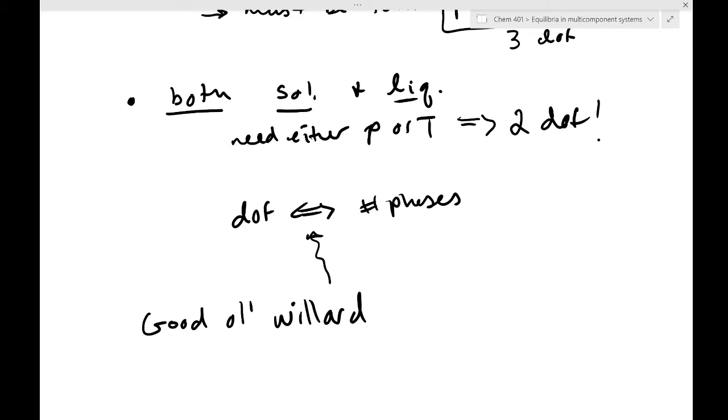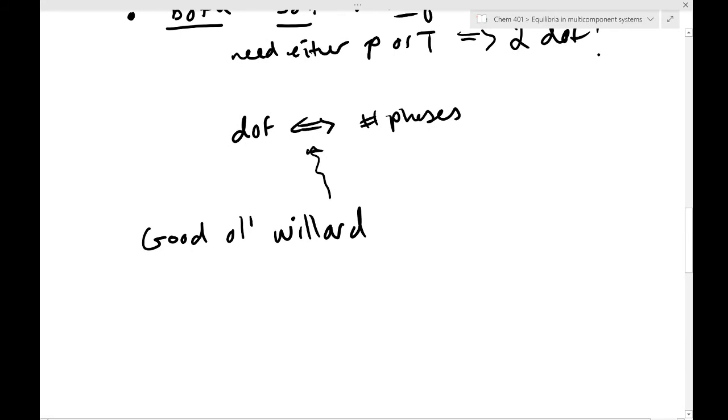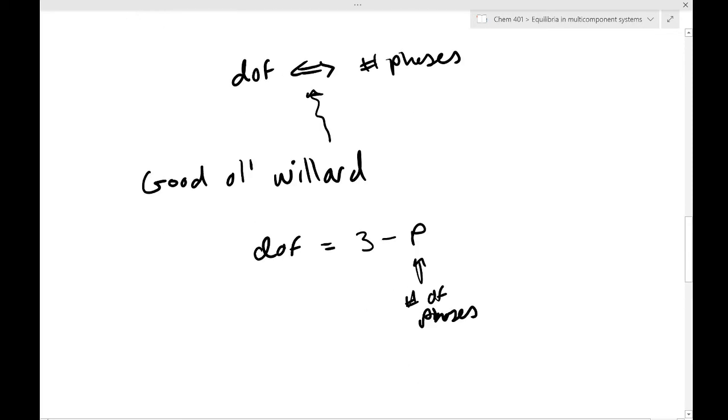Good old Willard came up with a relationship between the degrees of freedom and the number of phases. He found through process of elimination and empiricism that the degrees of freedom for a system is equal to 3 minus the number of phases, where P is equal to the number of phases.